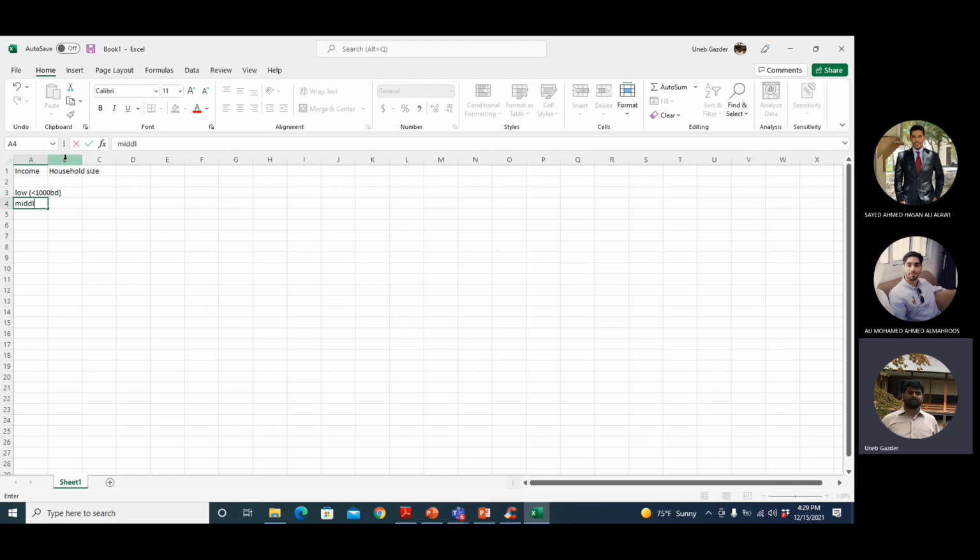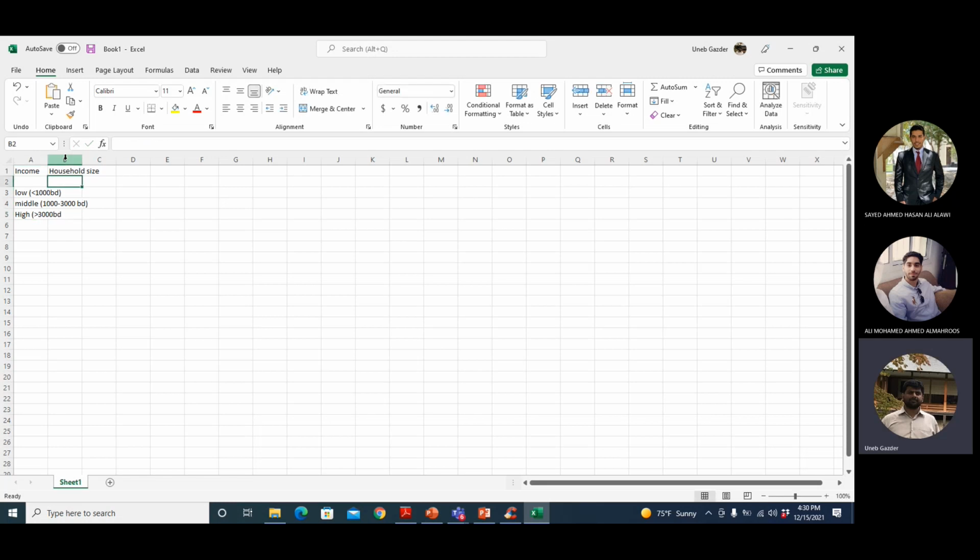Middle income, 1,000 to 3,000 BD. I'm not sure if you call it middle income or what, but anyways. High income, above 3,000 BD.